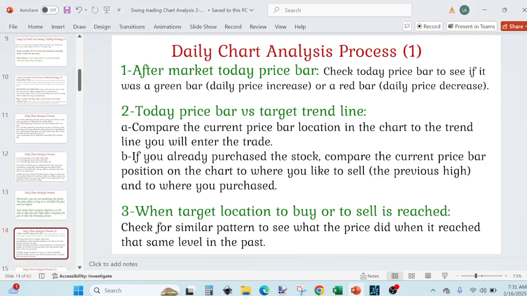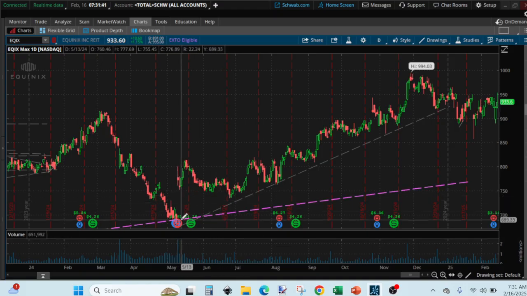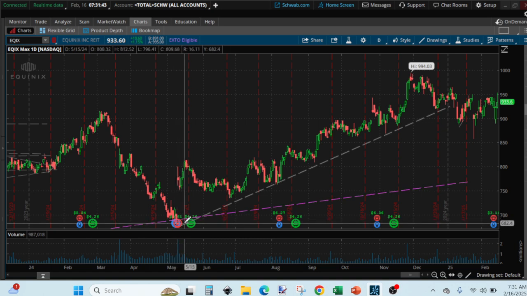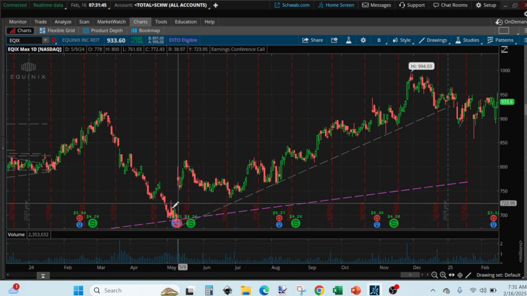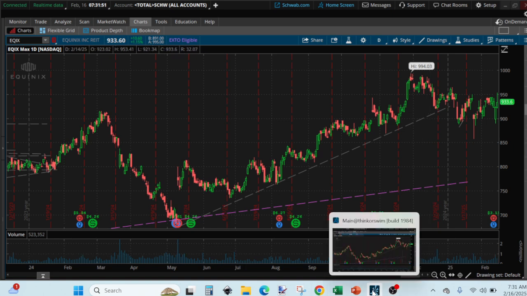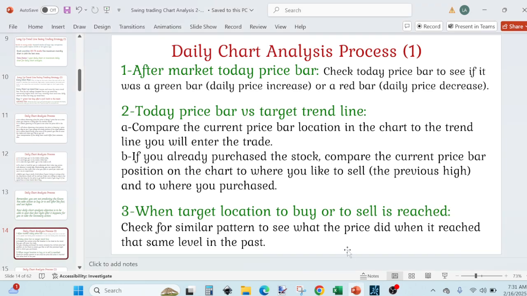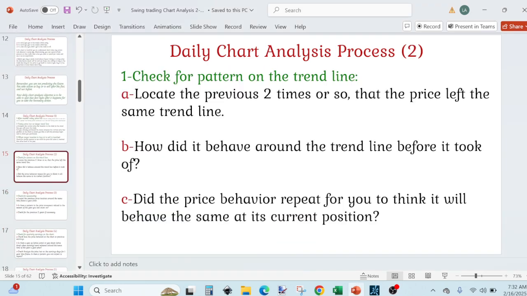Are you seeing higher lows, or are you still continuing to see lower lows? So you keep checking, because you are looking to determine when it's ready to start going up. You like to join. So that's when you start paying more attention to what is going on, because it reached the target point.